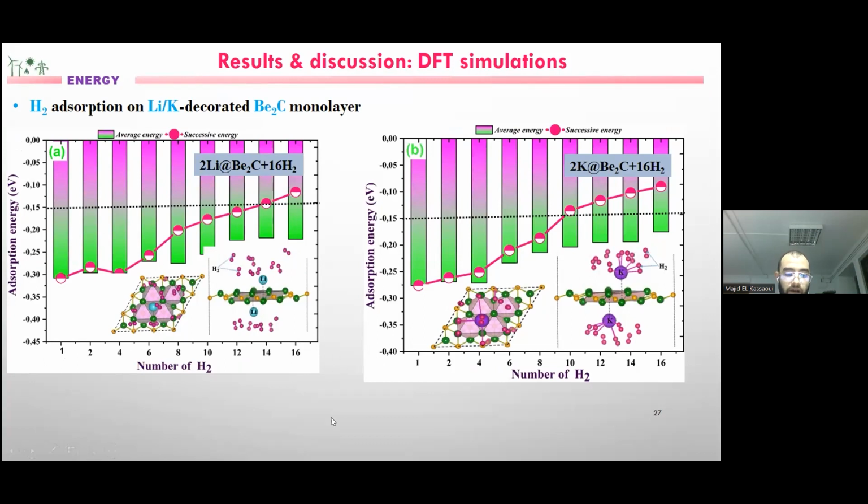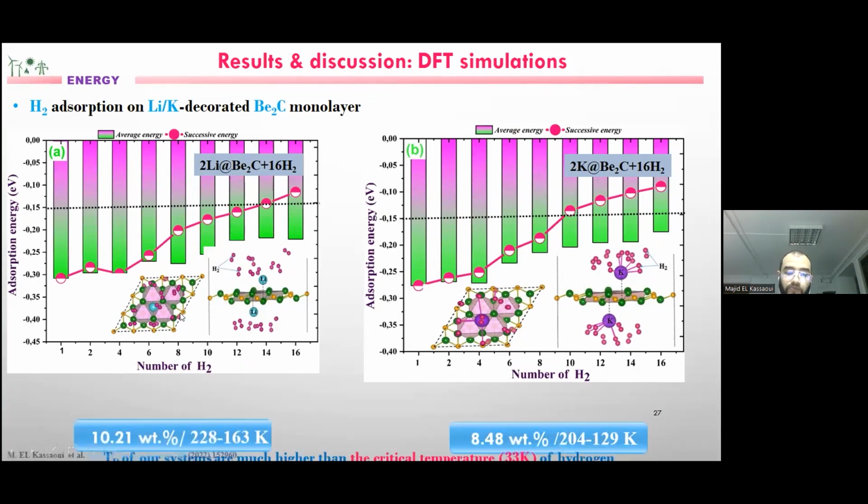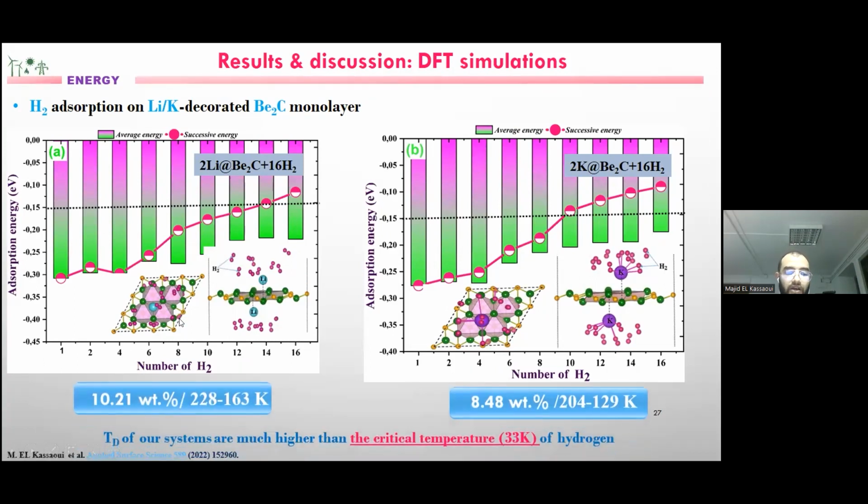At the maximum H2 coverage, the gravimetric capacity is 10.21% and 8.48% for lithium and potassium respectively. And the desorption temperatures are much higher than the critical temperature of hydrogen.